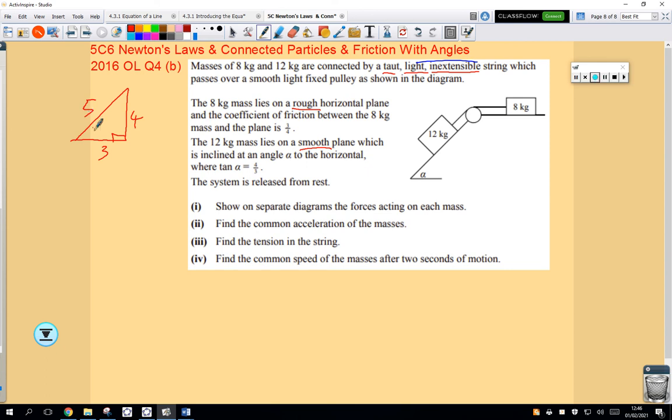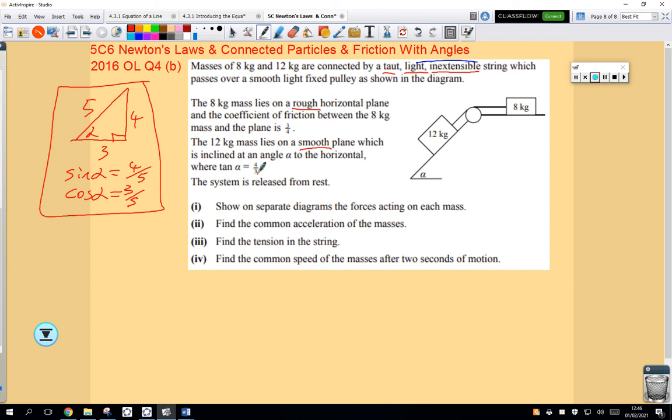So if that's alpha, straight away I can say that sine of alpha is 4/5 and cosine of alpha is 3/5. Every time I see tan of alpha is 4/3, I know opposite 4, adjacent 3, hypotenuse has to be 5, sine 4/5, cosine 3/5.